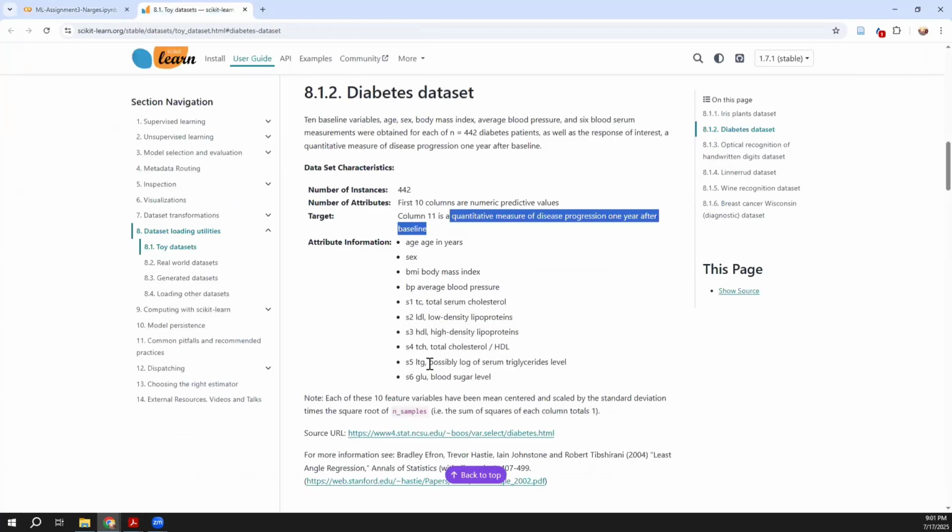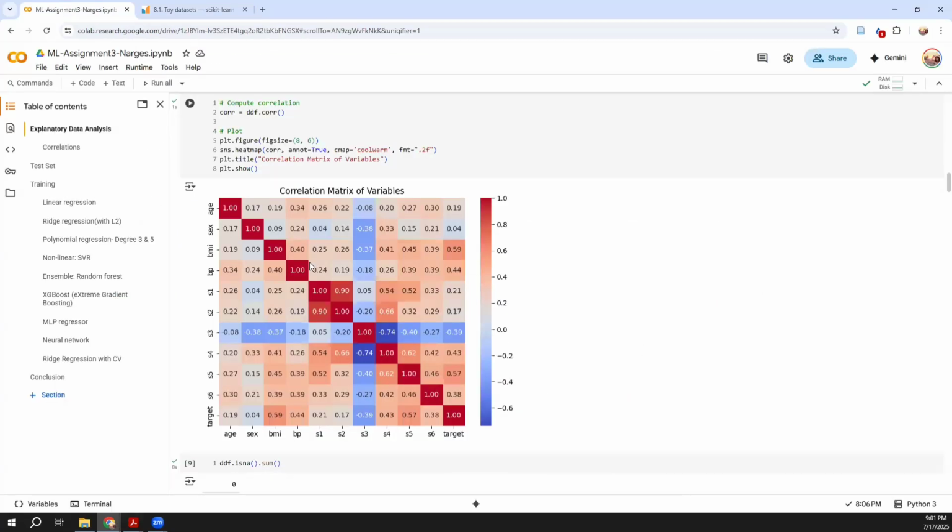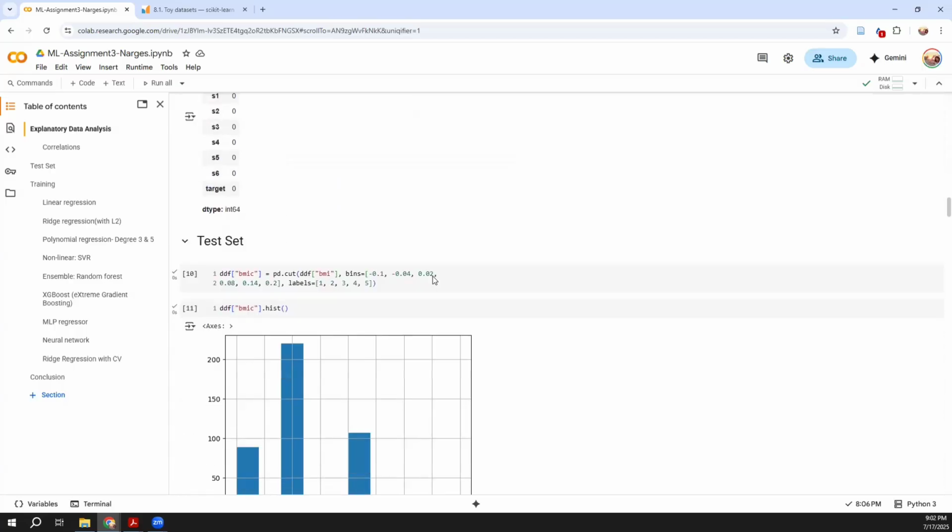Based on documentation, S5 is possibly log of serum triglycerides level. And so because of the uncertainty in that definition, and the fact that it's slightly lower than this, I decided to focus on body mass index for my stratified sampling.